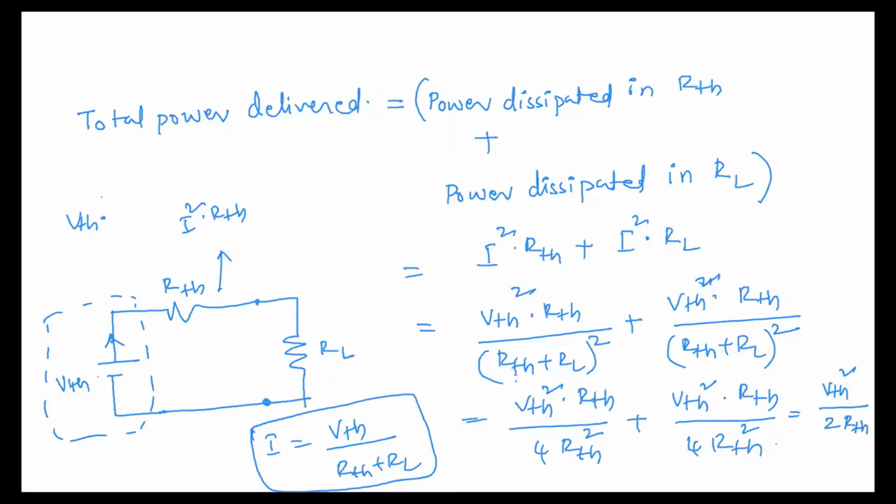VTH square divided by 2 RTH is the total power delivered to the two resistances, right? Now, the efficiency is only for the load, so we have to take only the load. Load efficiency is equal to output power divided by input power.